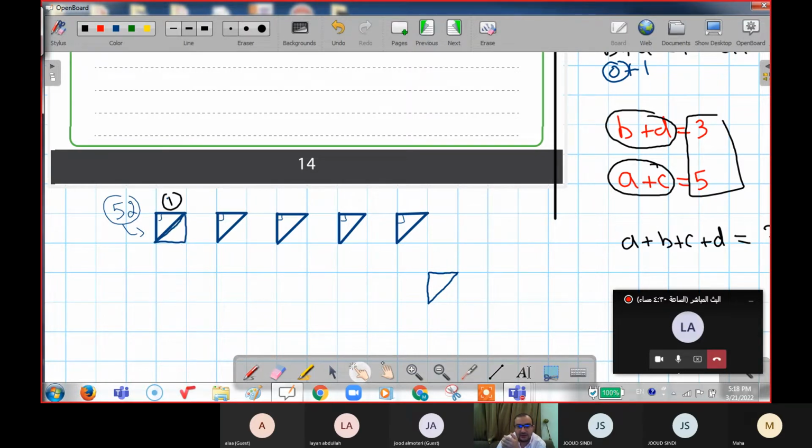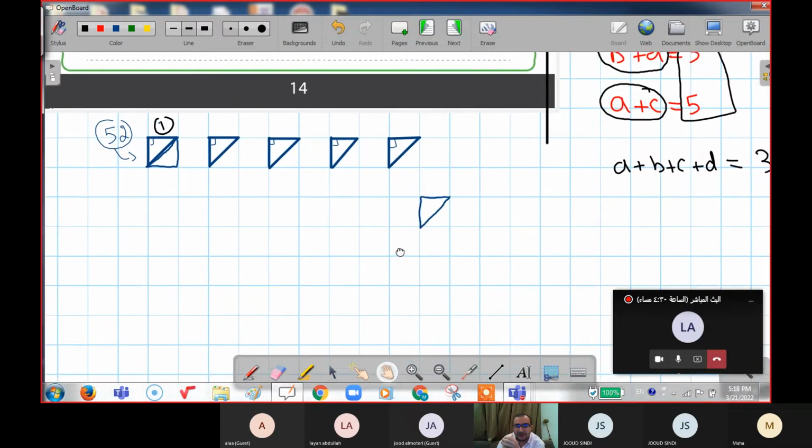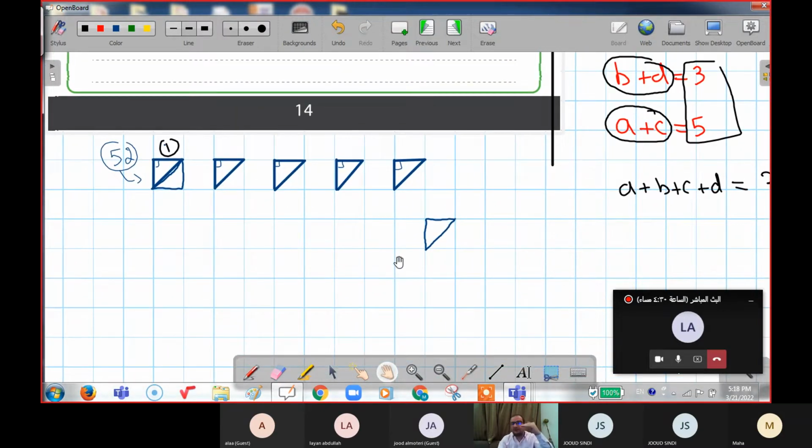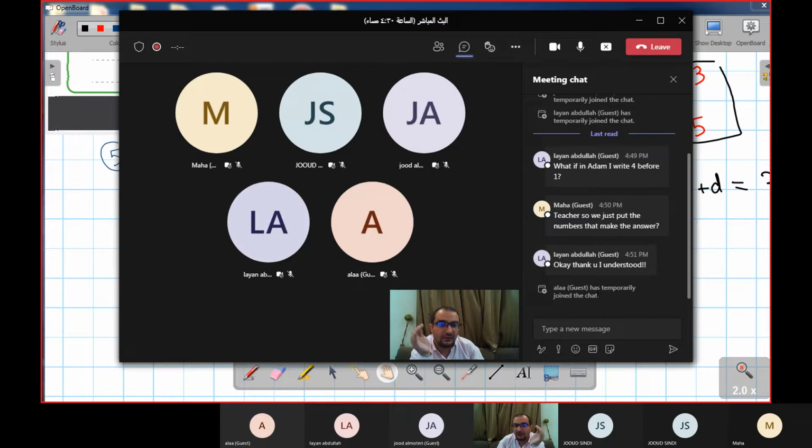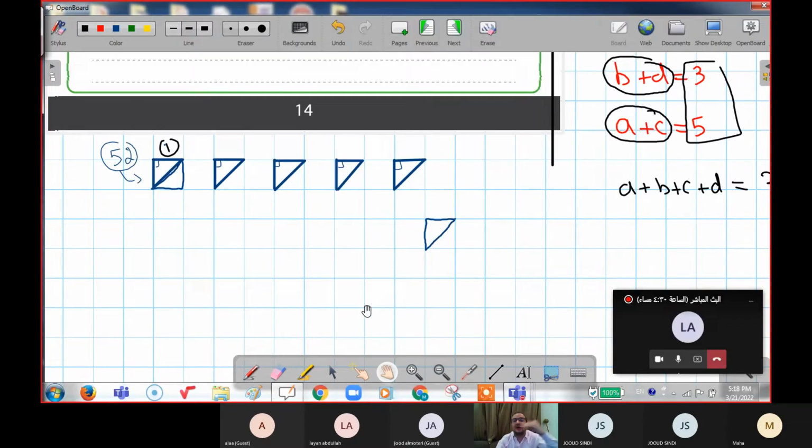This is the first square. If I use the edges of the side, you must think, Layan, about the side, the edges of what? Of the square. So if she uses only one, she gets the first square type. This is a small square.